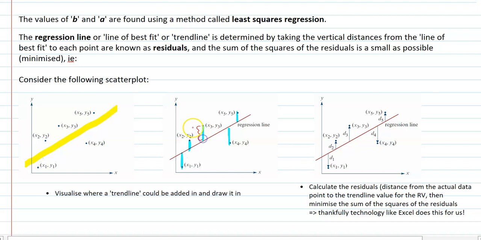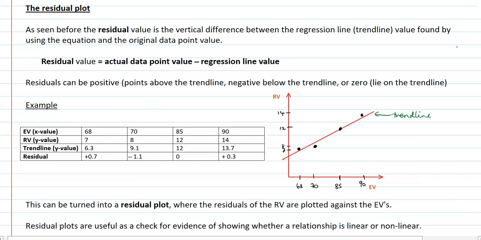These distances are known as a residual distance. So collectively, we look at the residuals from the points to the line. We can use these residual values to create what we call a residual plot. So the residual values, as we were discussing before, are the actual point value minus the regression line value.